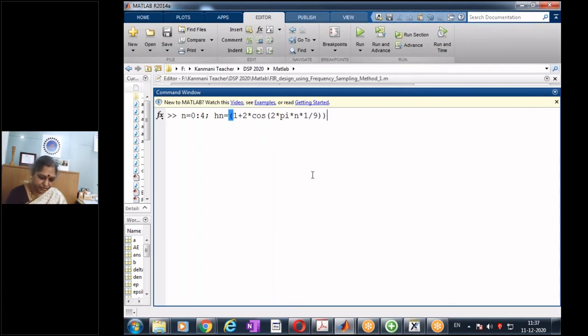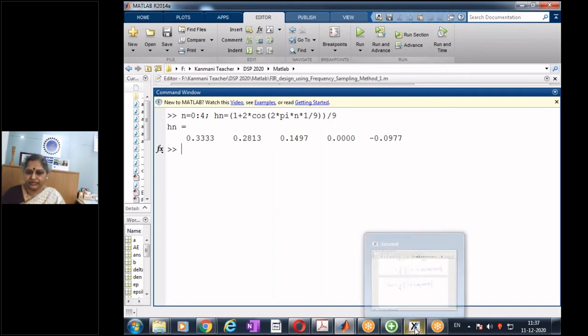And the whole quantity is having a 1 by n, so 1 by 9. And this is the result we get: 0.33, 0.28, 0.149, 0 and minus 0.097. So this is what we get, and let us write down.